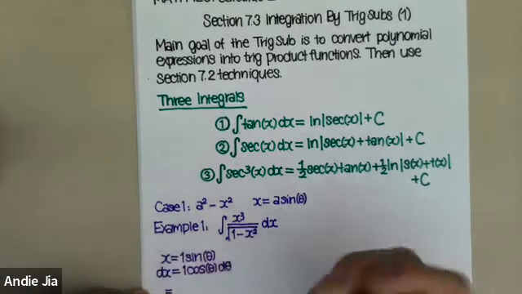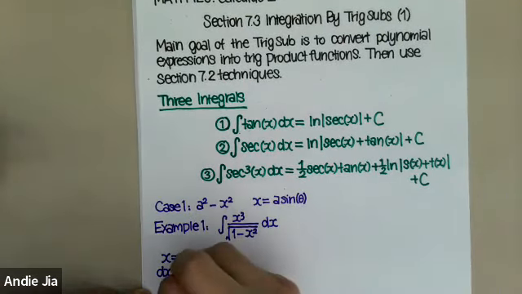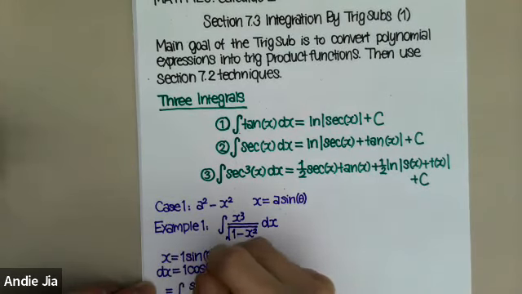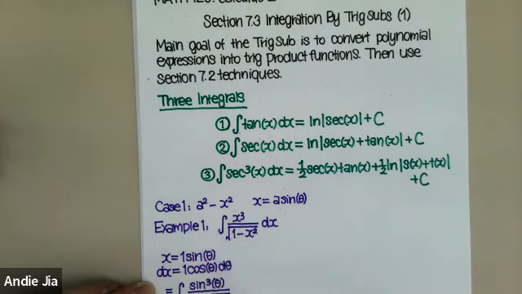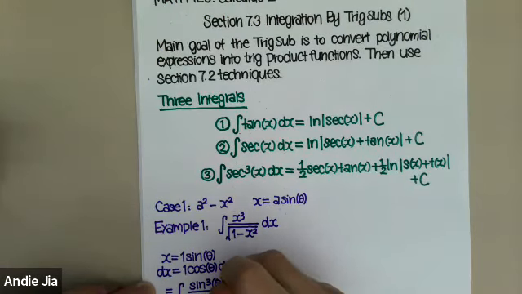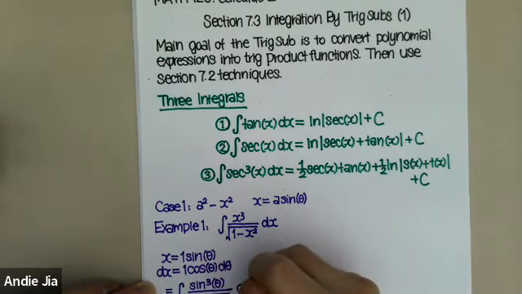So the new integral is sine cubed of theta, and this becomes 1 minus sine squared, times cosine theta d theta.